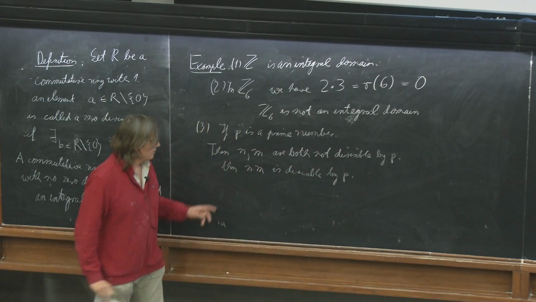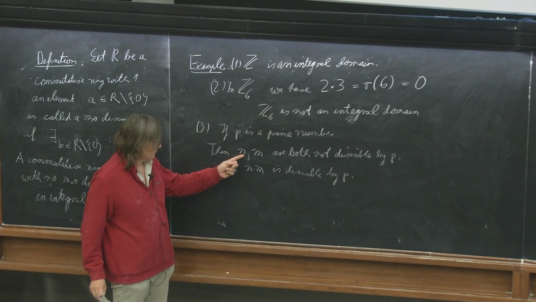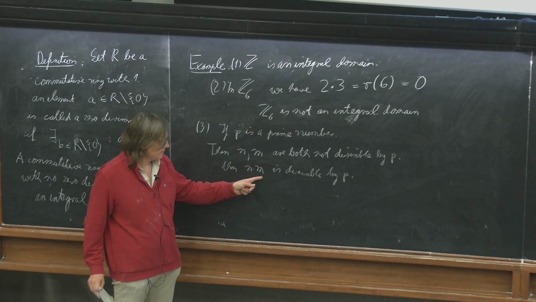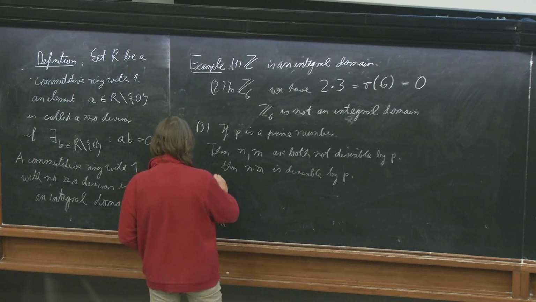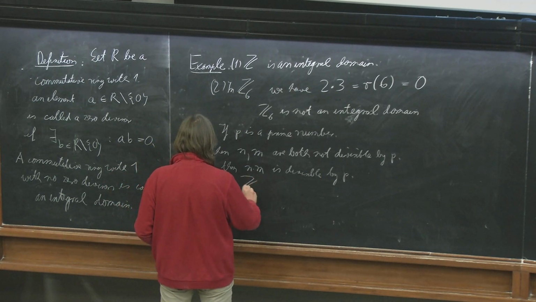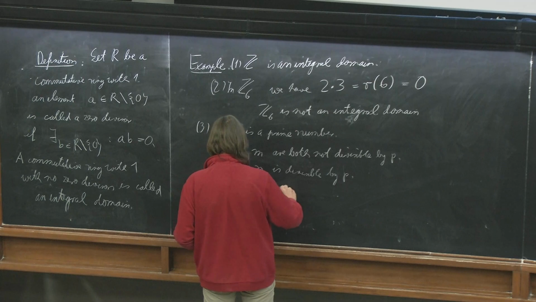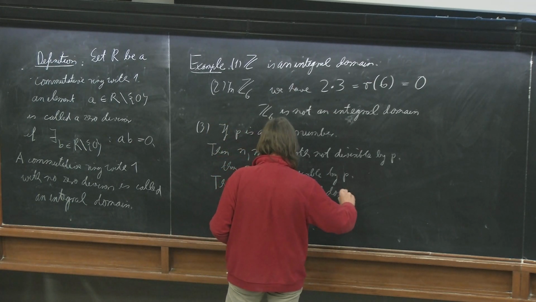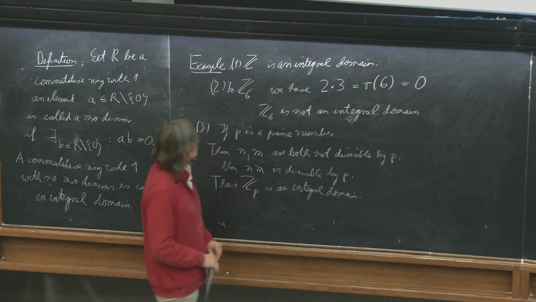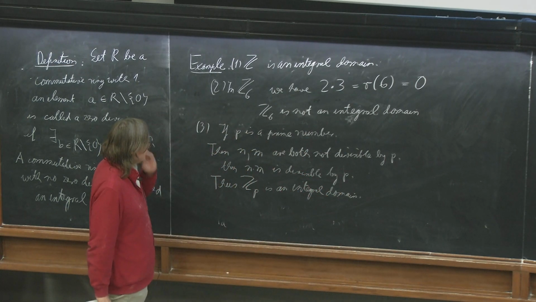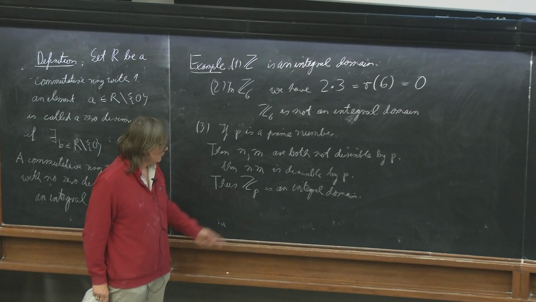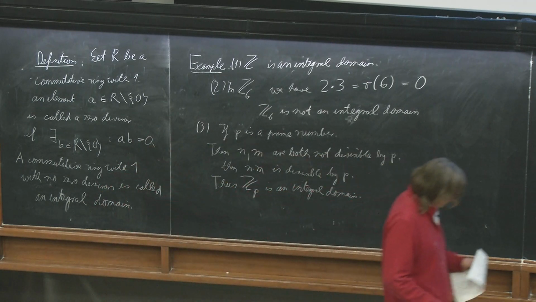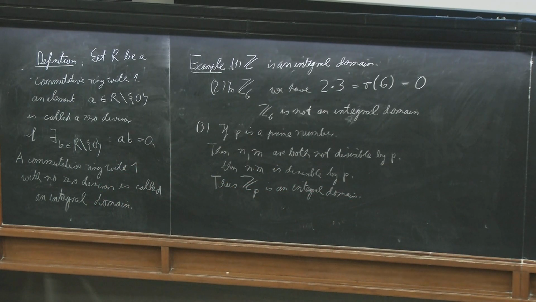So that if n is not 0 in Zp, and m is not 0 in Zp, then n times m is also not 0 in Zp. So thus, Zp is an integral domain. Actually, if you think of this example, it's quite obvious that Zn will be an integral domain if and only if n is a prime number. Okay.